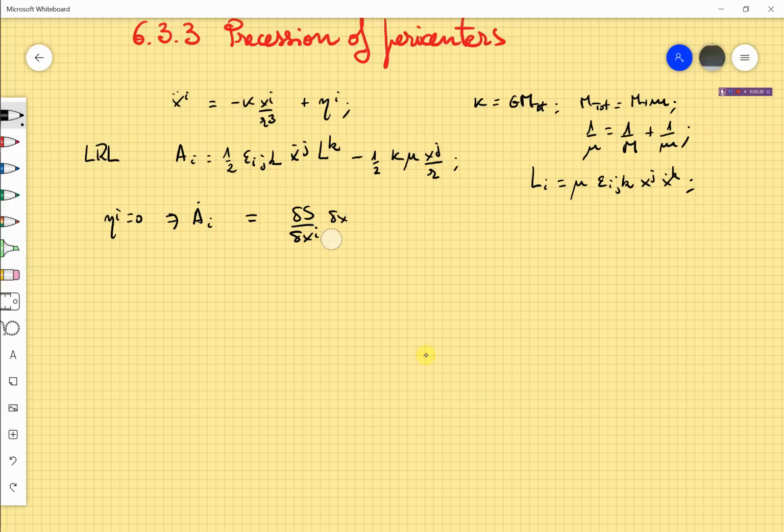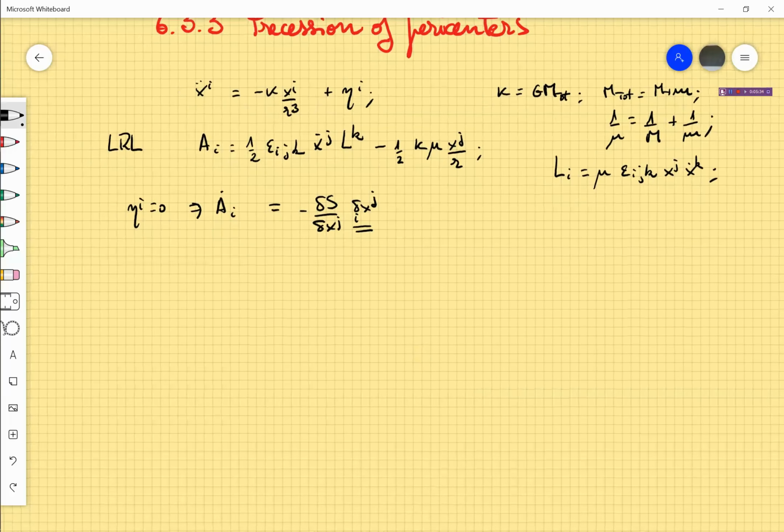In fact, there are 3 invariances or a vector of invariances, so this should be something like this, and this would be the 3 independent transformations, and probably there is a minus sign here, I think. So on shell, and let me put just k, referring to the classical Kepler problem, when the equations of motion are those of the classical Kepler problem with eta equal to 0, this is 0 on shell.